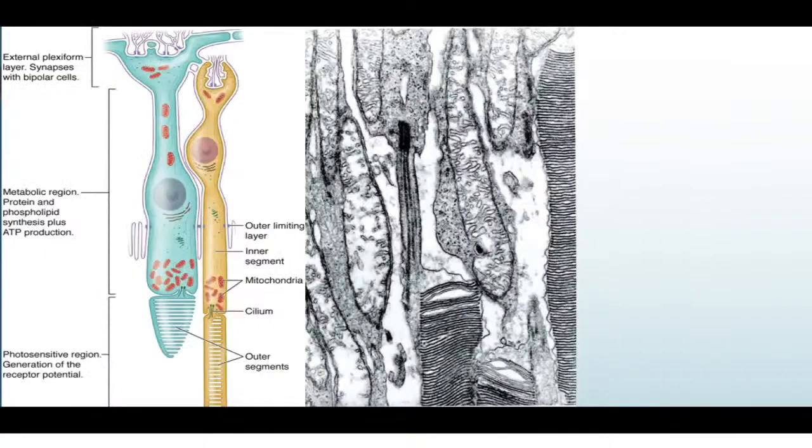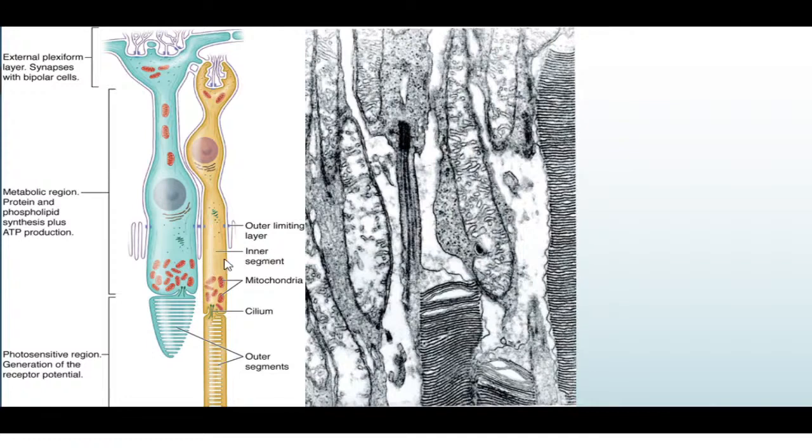Rods and cones. These are modified neurons which have a metabolic region that synthesizes special proteins. The protein is named rhodopsin in rods and iodopsin in cones.